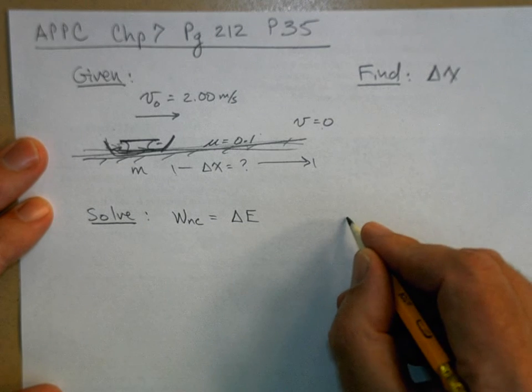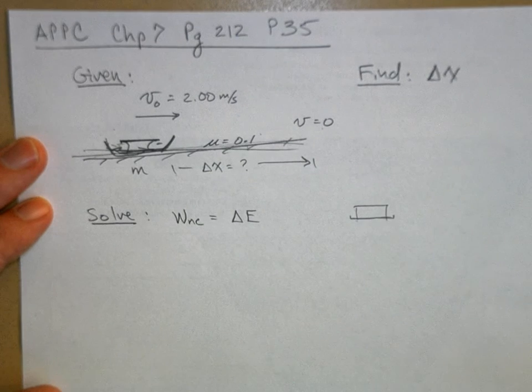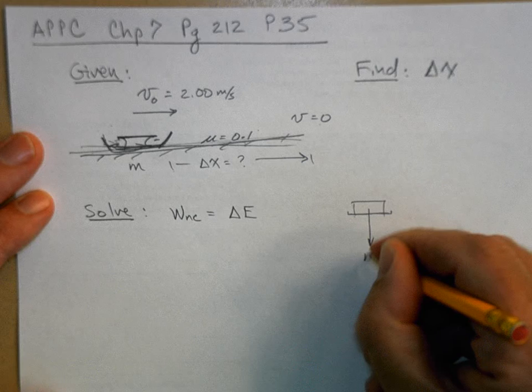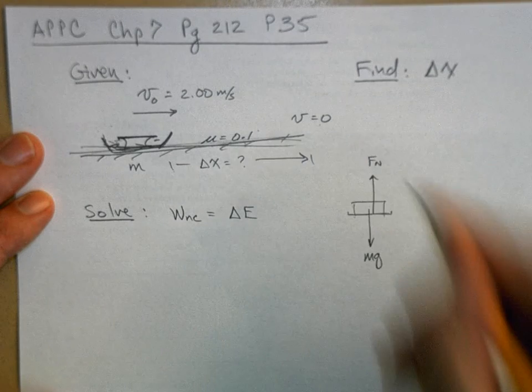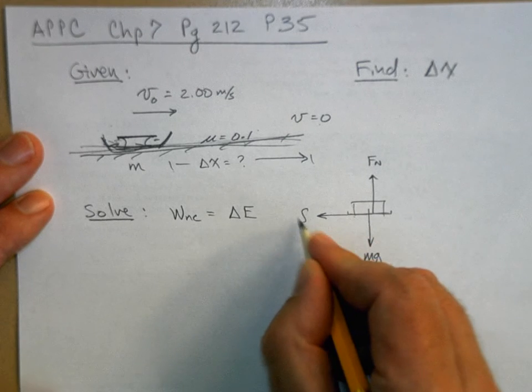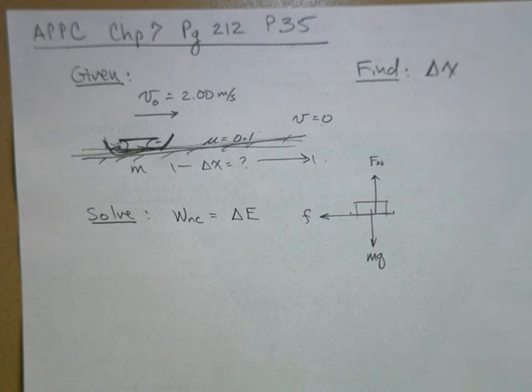So I'll go ahead and draw my sled as a little box like that. And of course we've got the weight, the normal force, and this force of friction. We want to know how much work was done by that friction force to stop this thing.